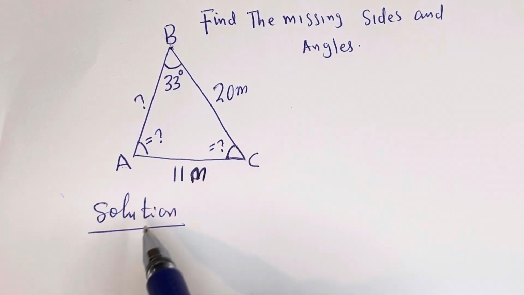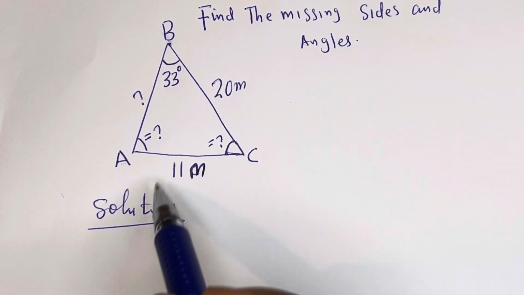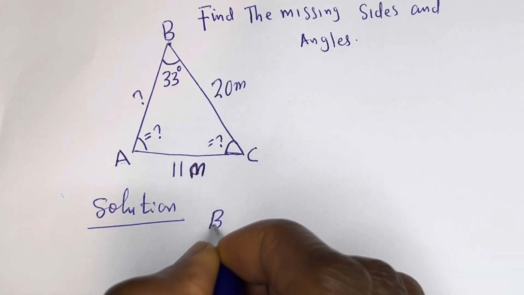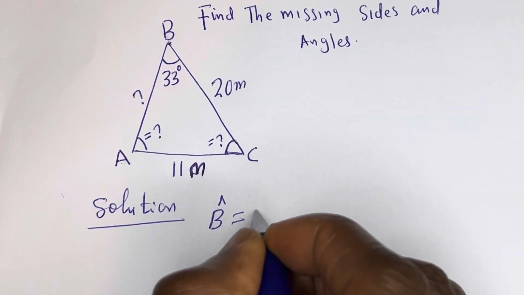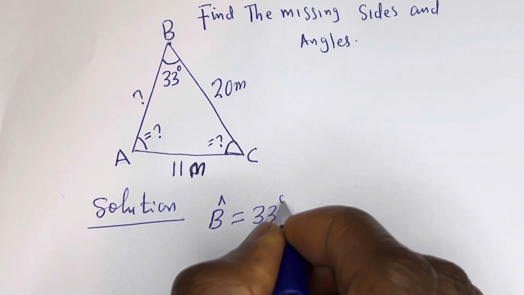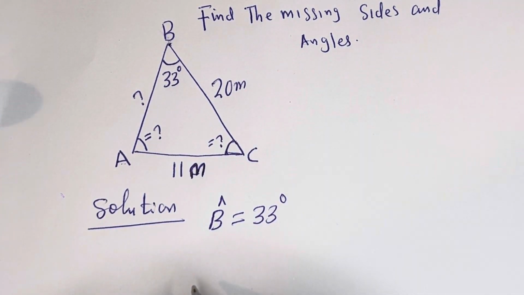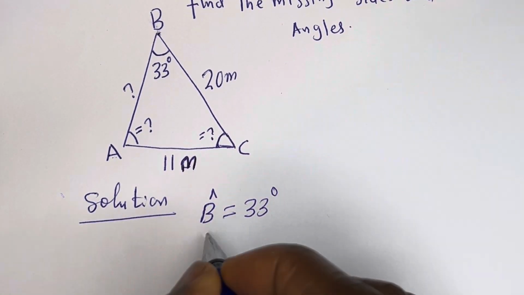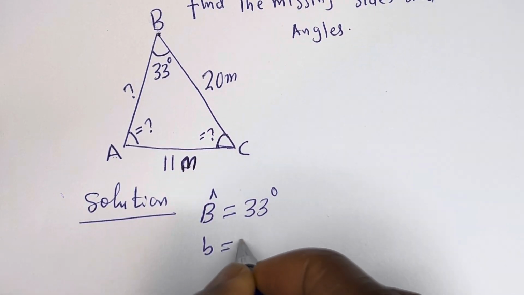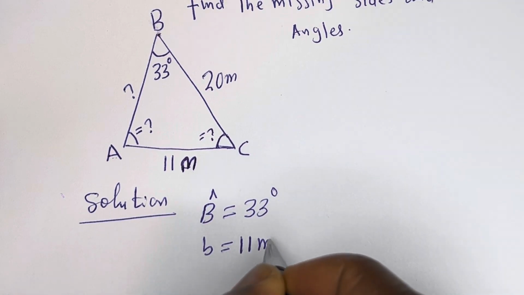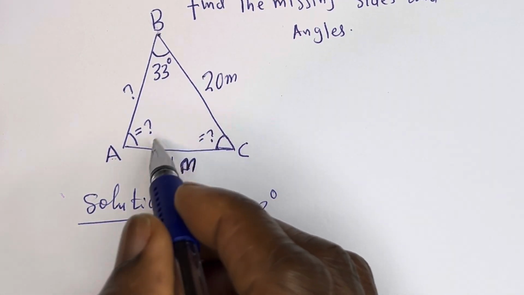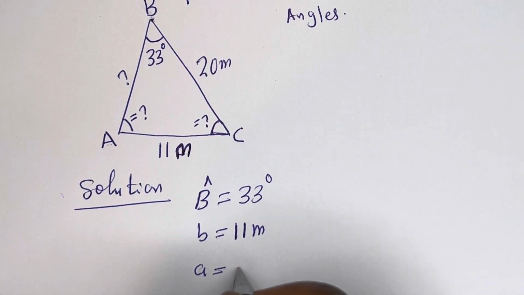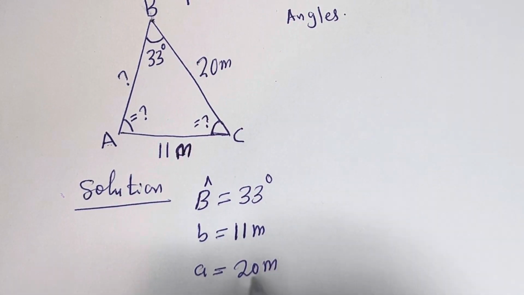In this type of problem, we are going to make use of what we call sine rule. Now here we have angle B is equal to 33 degrees. Now we have side B is equal to 11 meters. Then we have side A is equal to 20 meters.